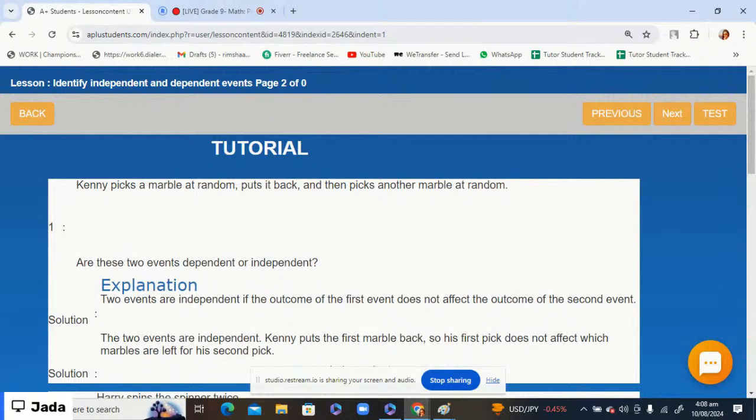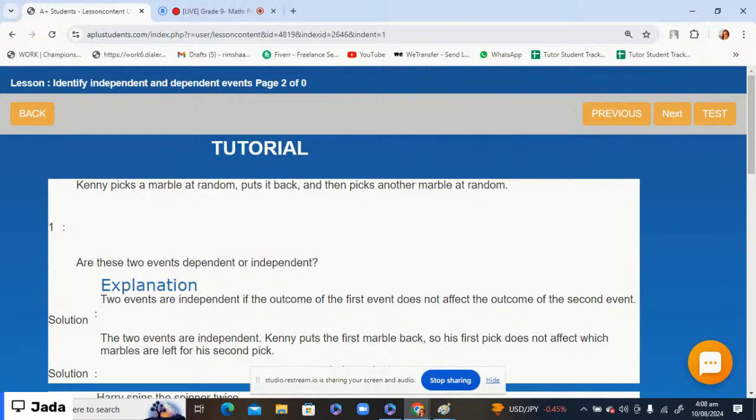Let's check this question as well. Look here. Kenny picks a marble at random, puts it back, and then picks another marble at random. Are these two events dependent or independent?